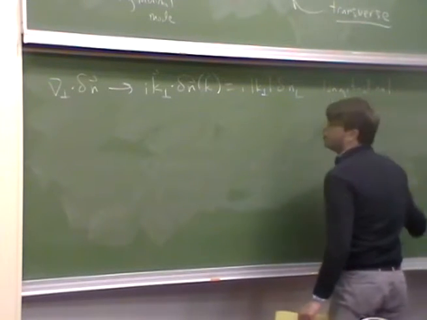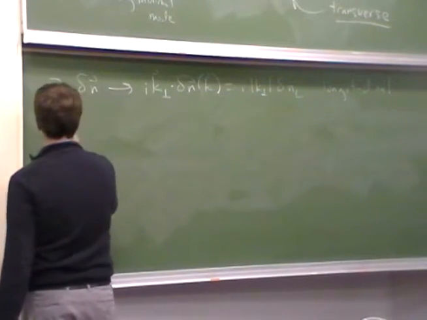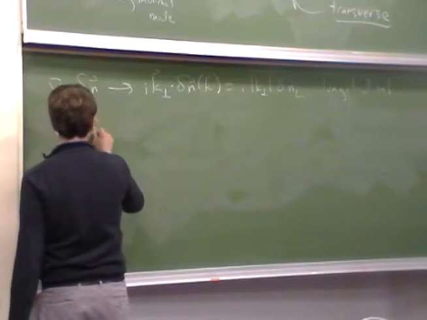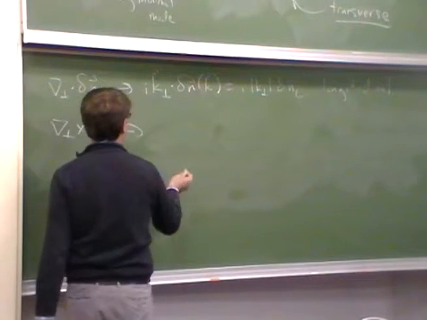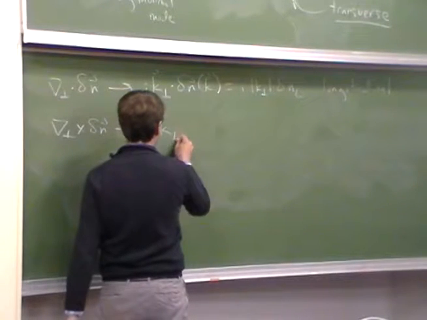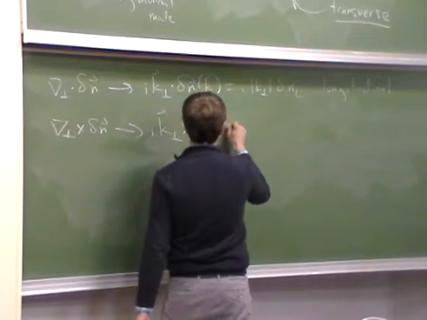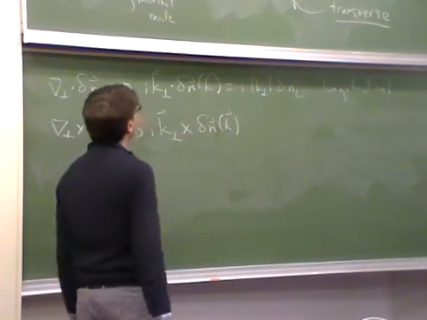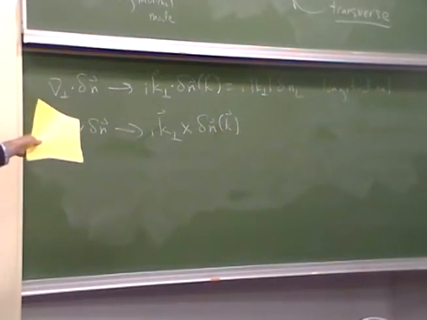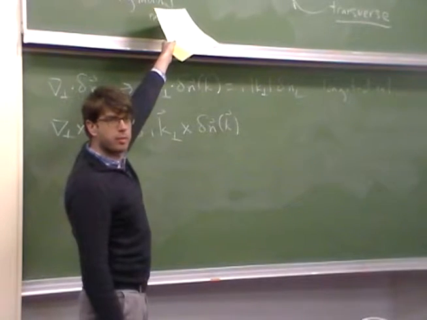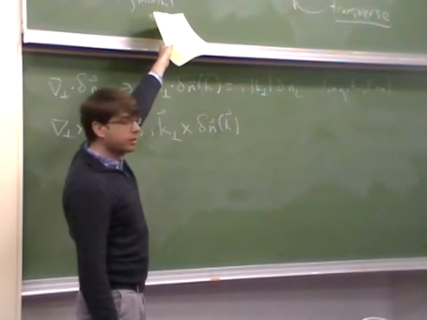How about twist? Again, this is going to be i k cross delta n of k. So if I take k cross the longitudinal mode, what comes out of that? 0, right?